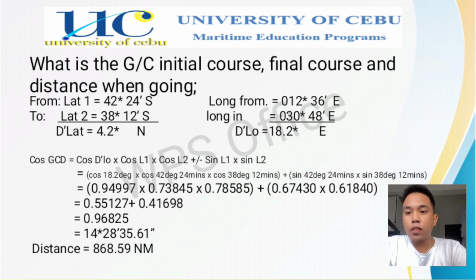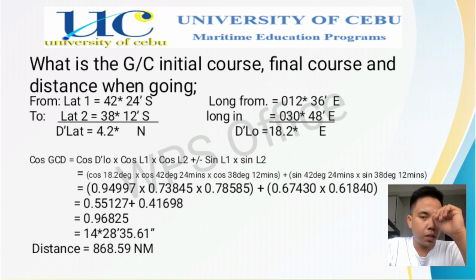The given is latitude 1, 42 degrees 24 minutes south, and latitude 2 is 38 degrees 12 minutes south. So we'll solve. Same sign means minus.